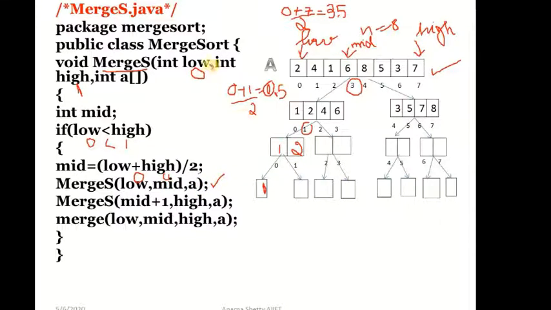So it will make a call to merges here. Low is 0, high value is also 0. Next it will test this condition, if low is less than high. In our case, is 0 less than 0? No. So here the leftmost call to merges has stopped. To this call it stops.